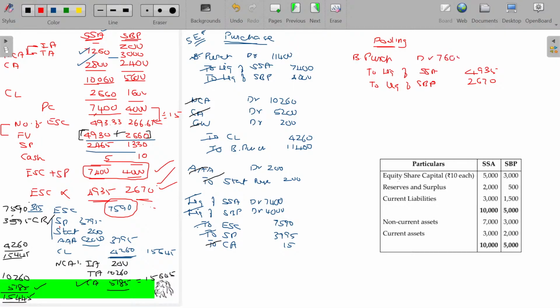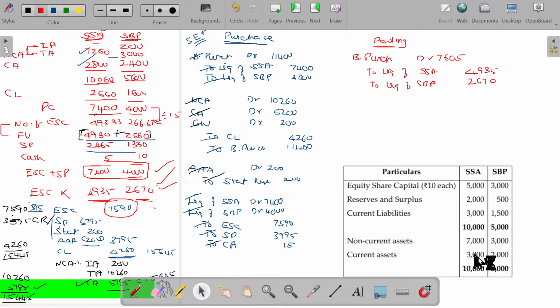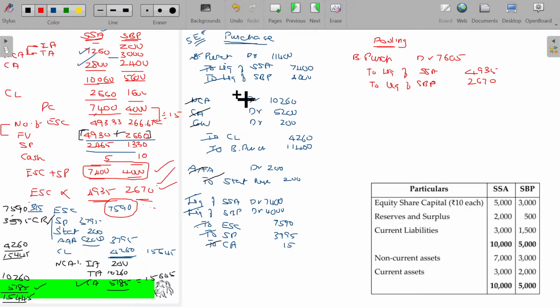7,605? Yes. Okay. Then this company takes over all the assets and liabilities at the book value. So for that, non-current assets, debit 10,000. Current assets, debit 5,000.